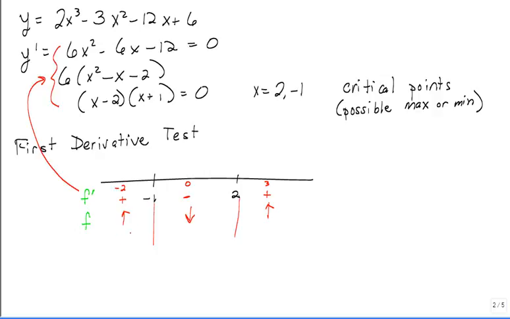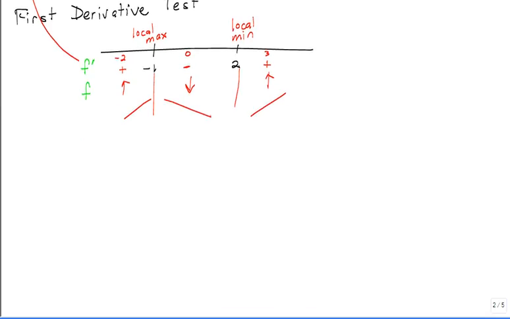So what do we have? If it increases, then decreases, this is a local max. It's a high point. If it's decreasing, then increasing, we get a low point. So we have a local min. So that's the test that you have to do to decide if your critical points are maxes and mins.